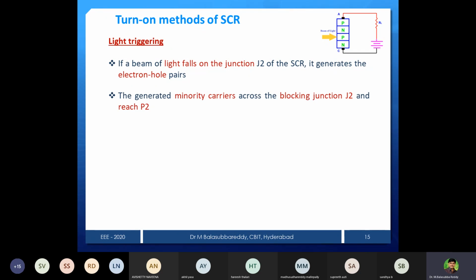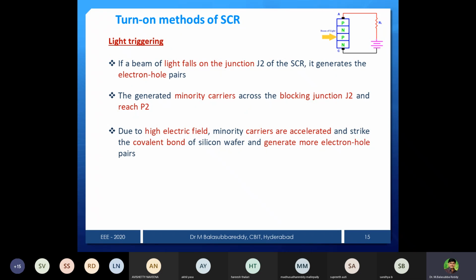It generates minority carriers across junction J2, and they automatically reach P2. The structure is P1, N1, P2, N2, and the gate is near P2. We throw the laser beam onto P2, and the electron-hole pairs increase.